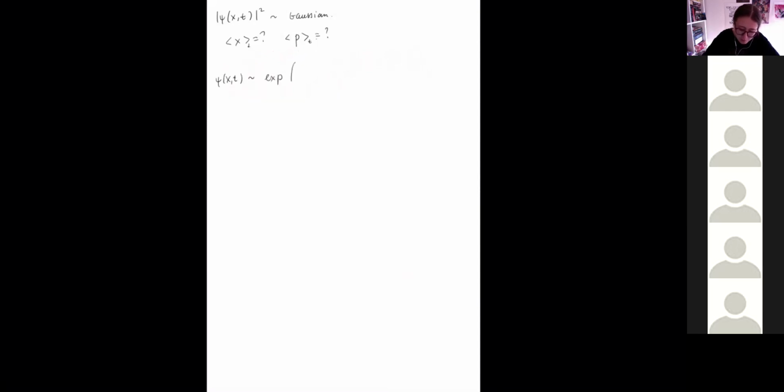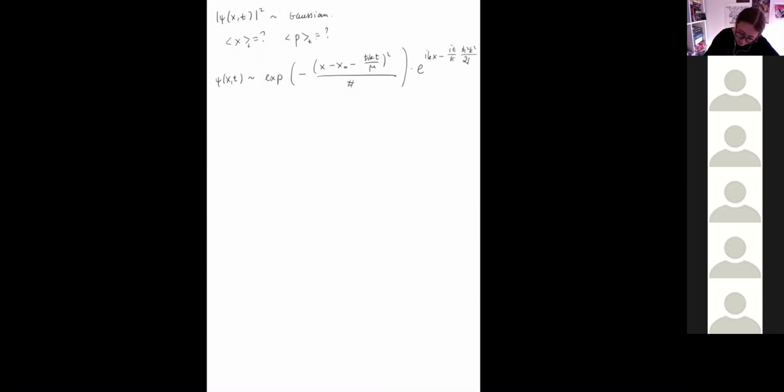What we have here is the exponential of (x minus x0 minus hkt over mu) squared, and here we have something multiplied by e to the power ikx minus it over h squared k squared over 2 mu.